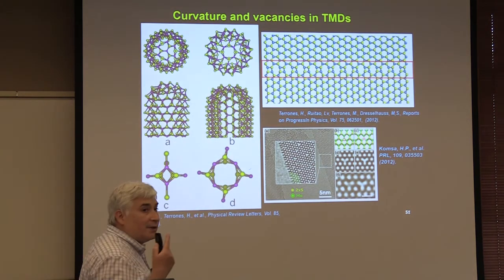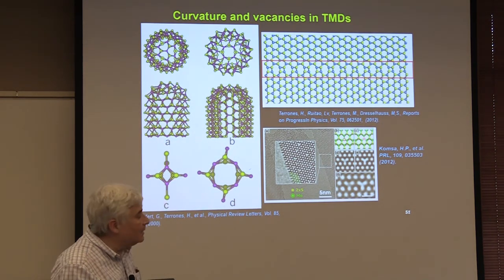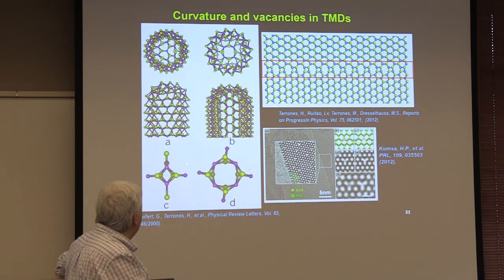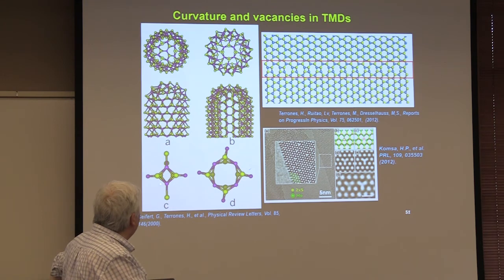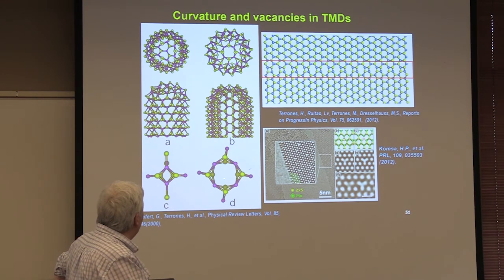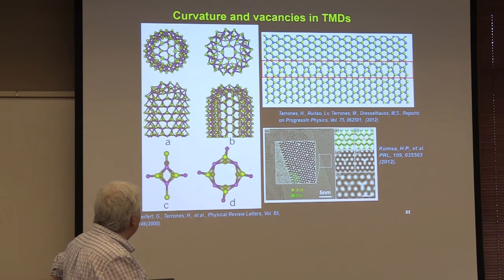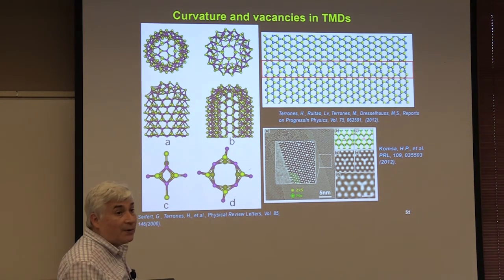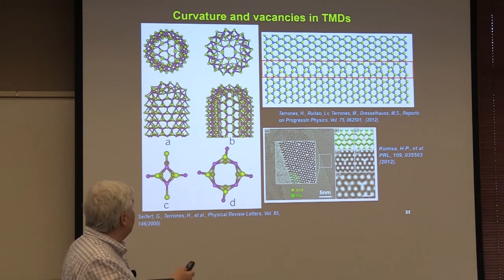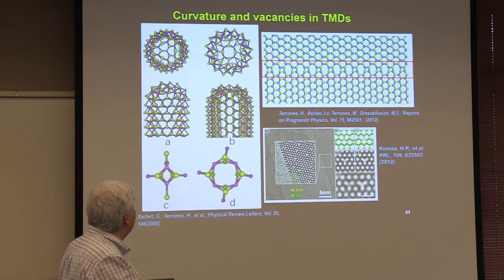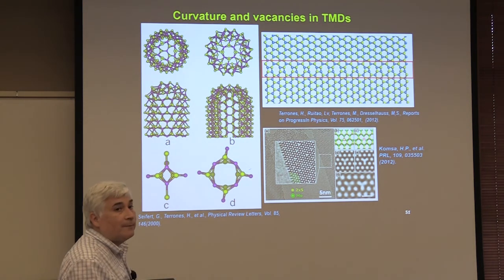And using the same principles as with graphene, I found that you can use this square-like defect or this octagonal-like defect, this one to introduce negative Gaussian curvature and this one to introduce positive Gaussian curvature. And you can balance the positive and negative Gaussian curvature and still close the structure.